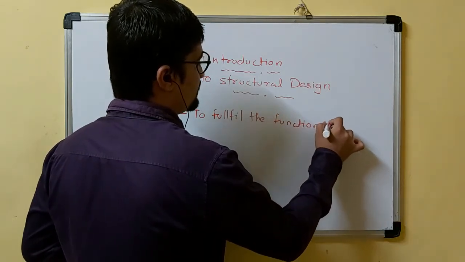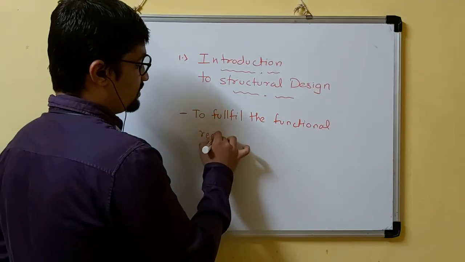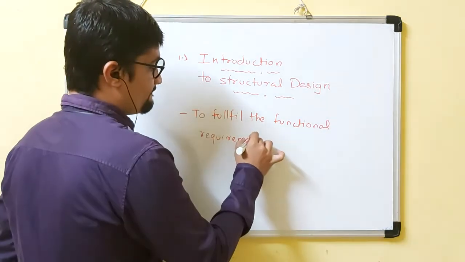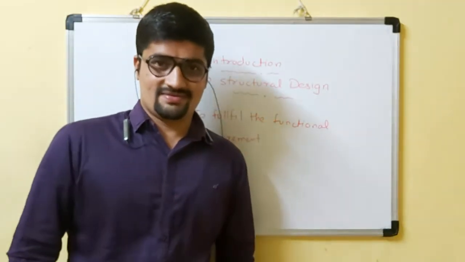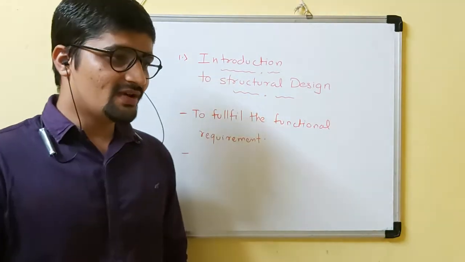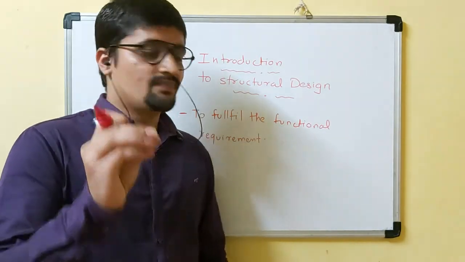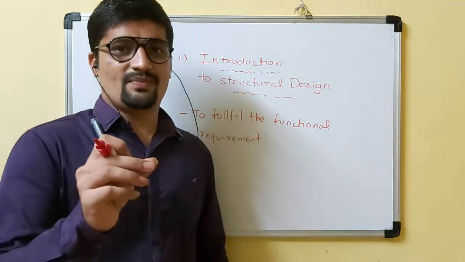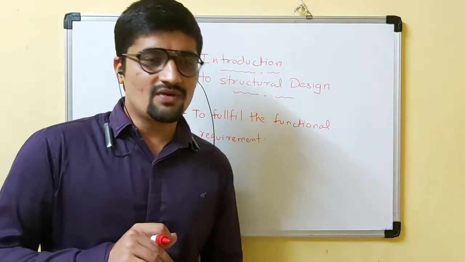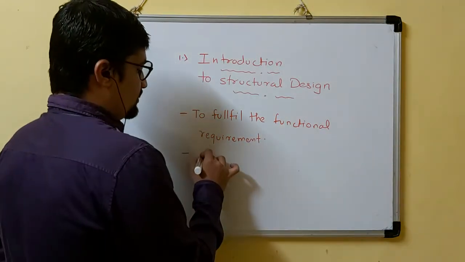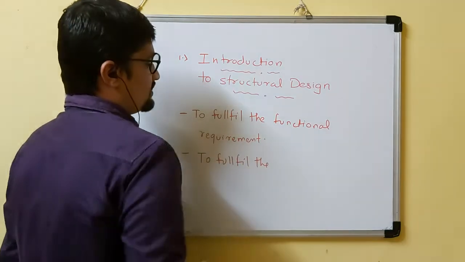The idea that comes in our mind is one type of functional view, the functional requirement. Now, how can we forget the architecture engineer, who is the most arguing person to the structural engineer. They are both opposite to each other. So we also need to fulfill the architectural requirements.